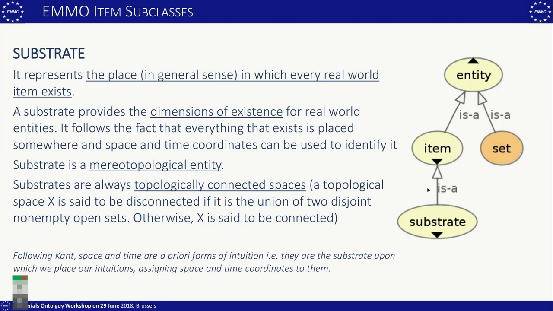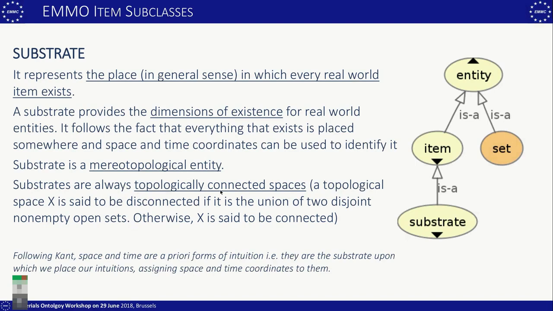In order to define that, we define the substrate. The substrate is the place, in a general sense, in which every real world item exists. A substrate provides a dimension of existence for a real world entity. It's a merotopological entity. It's the physical place in which you put a real life entity.